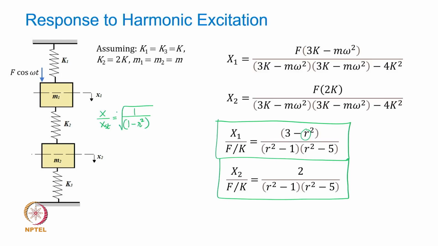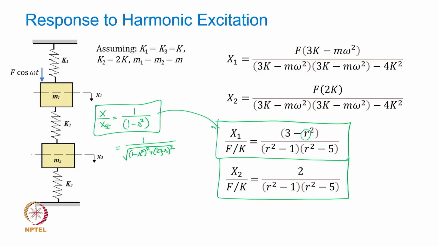Sorry, it is not square root, 1 upon 1 minus r square. Had it been a damped case, it would be 1 over square root of (1 minus r square) whole square plus (2 zeta r) whole square. Now in this case, zeta being 0, you get 1 upon 1 minus r square. This is for the single degree of freedom system.